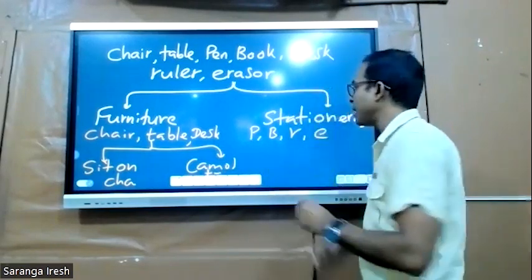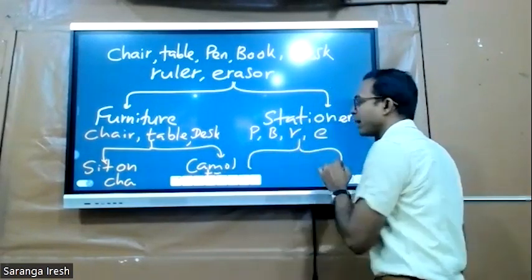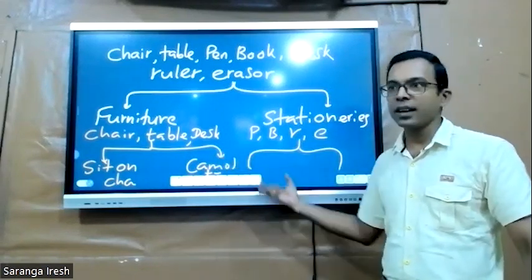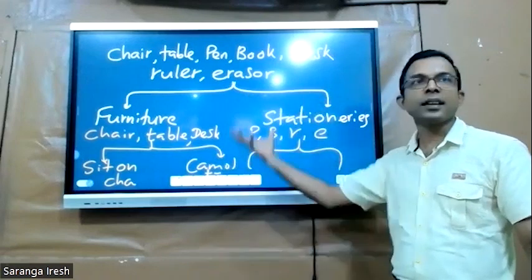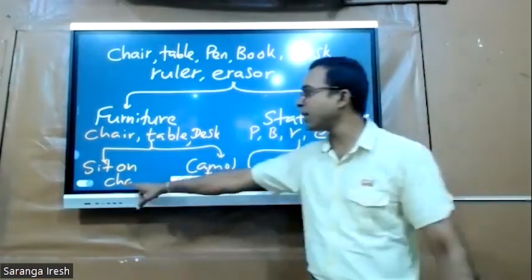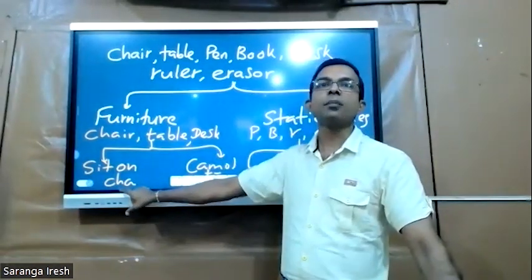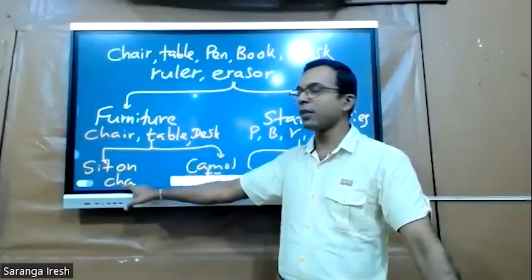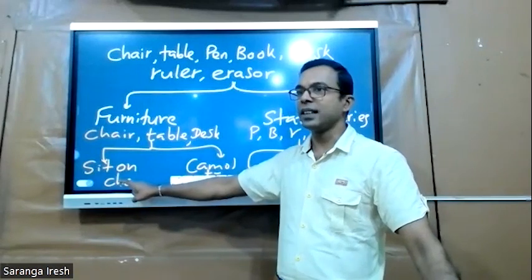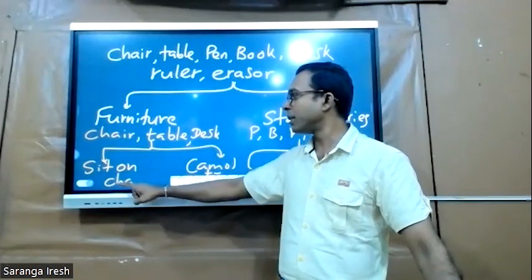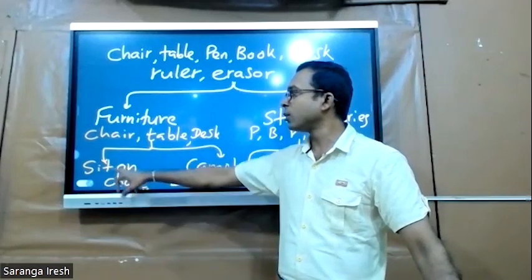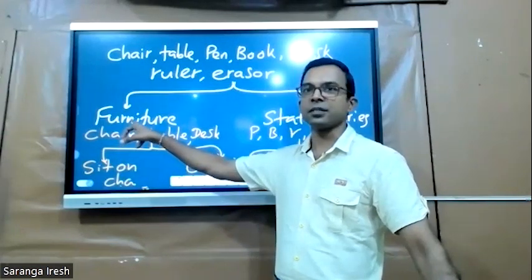So like that, we can always use two statements to categorize the things given in the list, and finally we identify the particular material we are given. Now we identify the chair. Chair is the particular thing we use to sit, and it is a furniture.